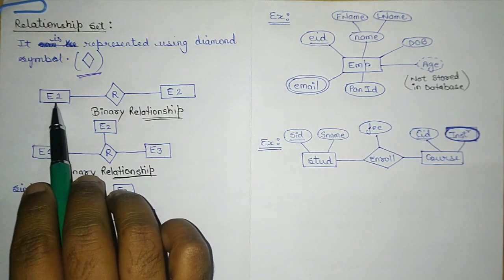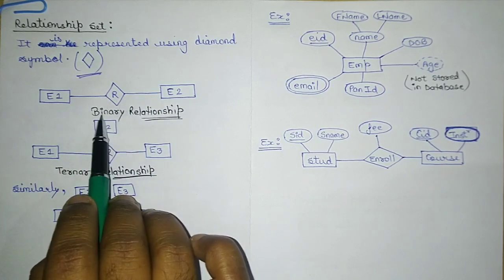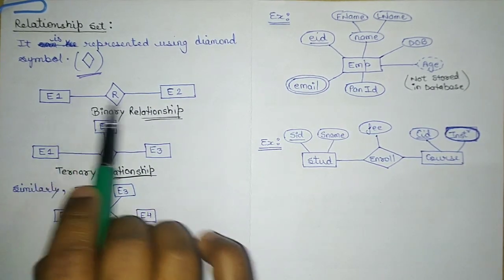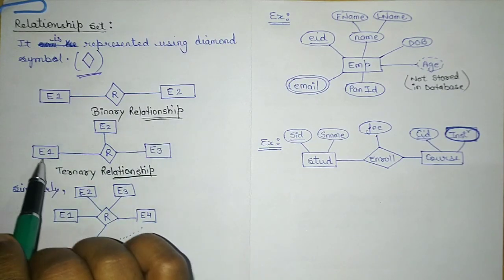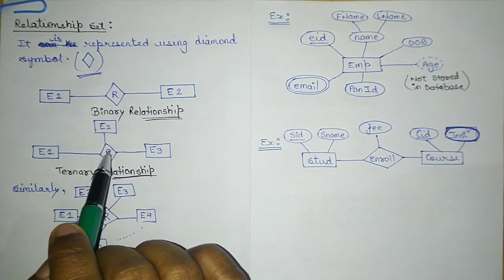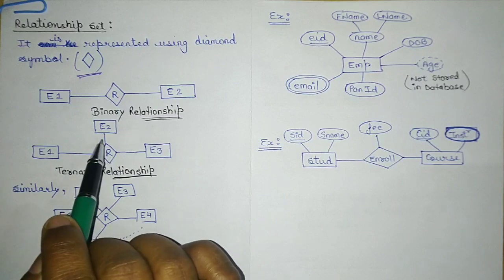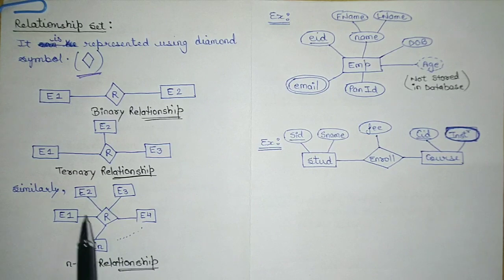If there are two entities relating with each other, it is known as a binary relationship, because two entities have a relationship with each other. Similarly, if three entities are relating with each other, this is known as a ternary relationship. If there are n entities, it is called an N-ary relationship.